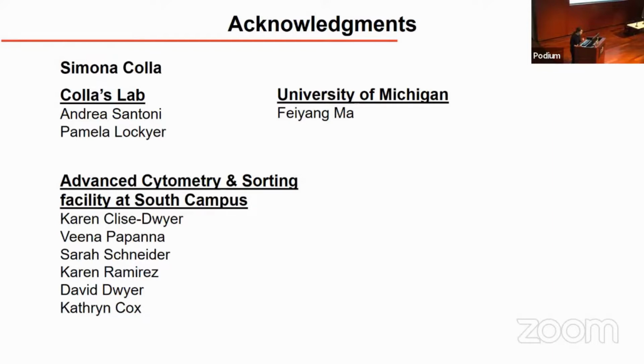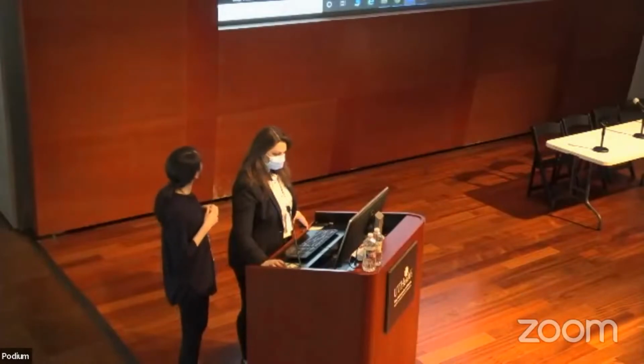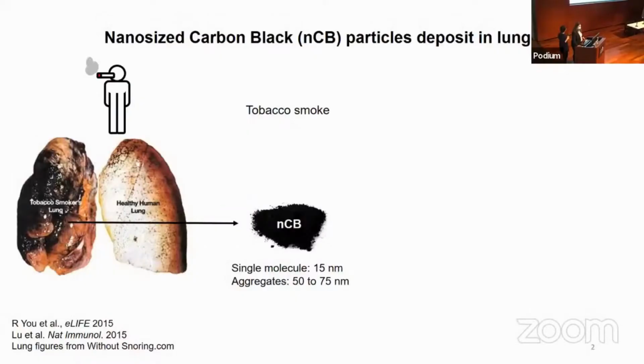Single particle size is 15 nanometers, but they tend to form aggregates around 50 to 75 nanometers. Because the size is really small, the particle can penetrate deep in the lung and stay in the lungs long after the exposure.